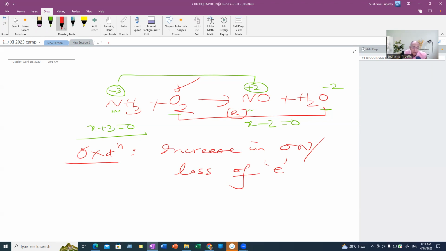It is not actually the real charge, but it is a fake charge. So it was -3. That means excess of 3 electrons, as if. But here there is a deficiency of 2 electrons. So by losing 3 to become neutral, and again 2, so total 5 electrons are lost.